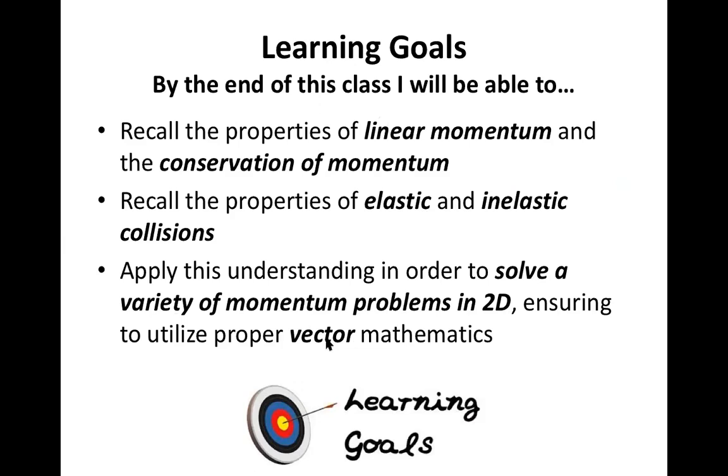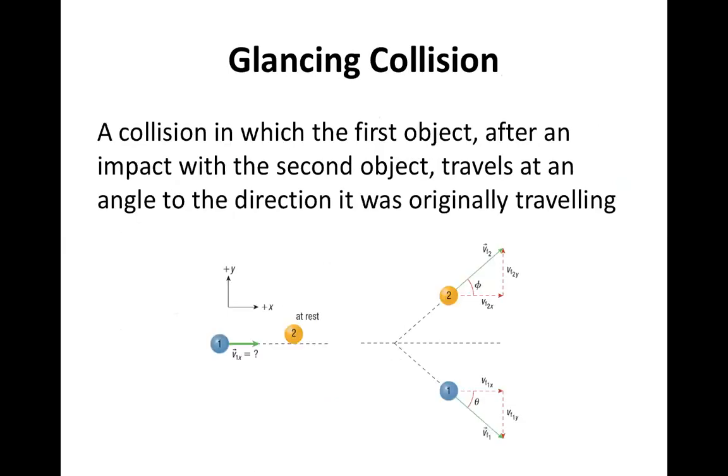And we're going to be using vector mathematics today because if you remember, momentum is a vector. A glancing collision is a collision in which the first object, after an impact with the second object, travels at an angle to the direction it was originally traveling.